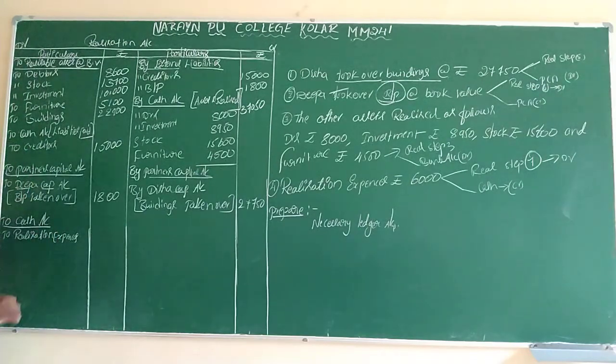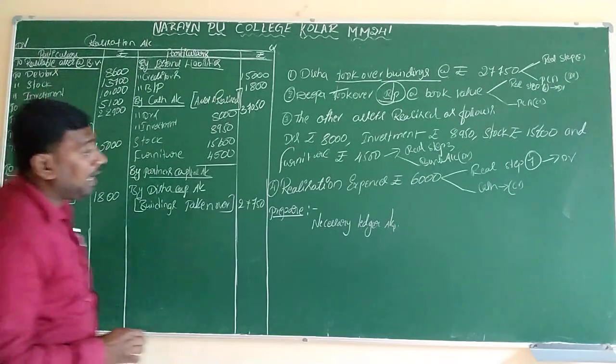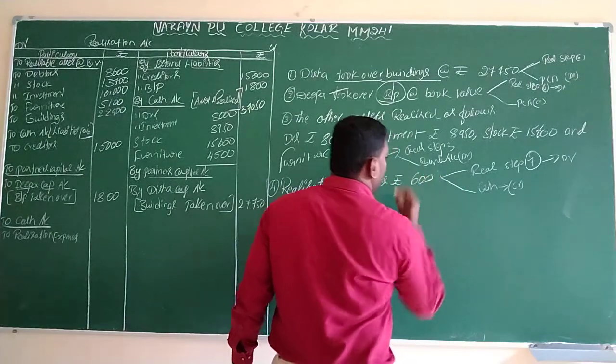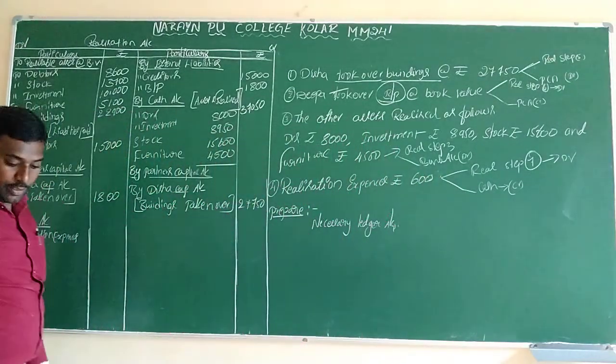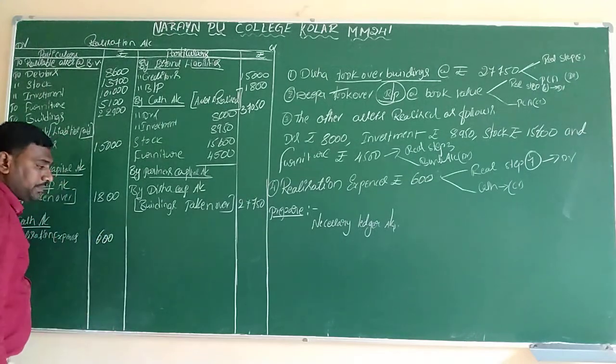The value of realization expenses is 600 rupees, not 1,000. Sorry, this one is 600 rupees. Don't write 6,000. It is 600.